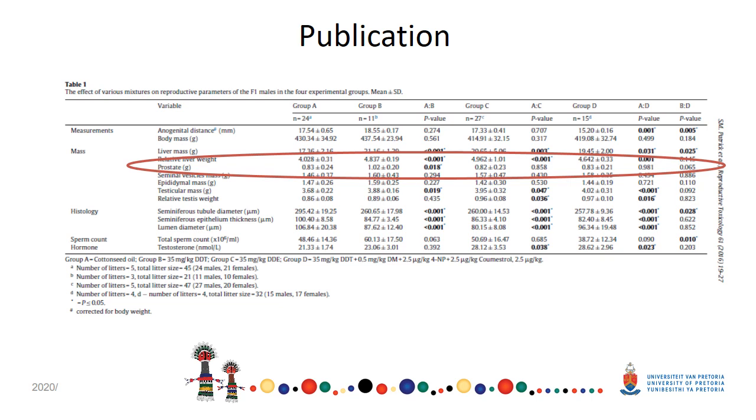So what I've shown you very briefly is we started off with a question. How does certain exposure to chemicals potentially have an impact on male reproductive health if we're using the prostate gland as a potential marker? We exposed the animals, we collected the data, we analyzed the data, and now in a publication format, we can show that yes, indeed, after doing the experiment, this is where we're reporting the data.